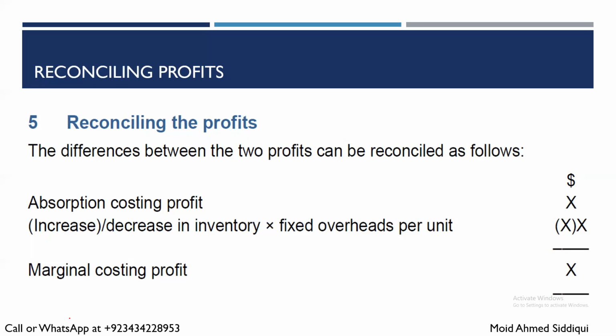Between the two, you can see the increase or decrease in inventory multiplied by fixed overheads per unit. This fixed overheads per unit actually represents the overhead absorption rate. This OAR is multiplied by the change in inventory level to get the difference in profits under the two approaches.